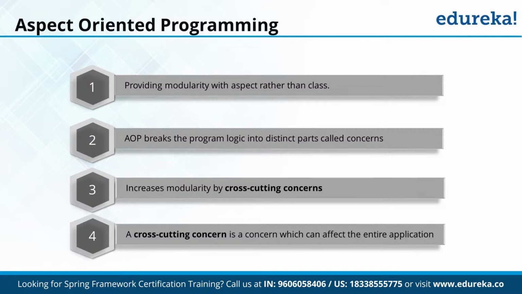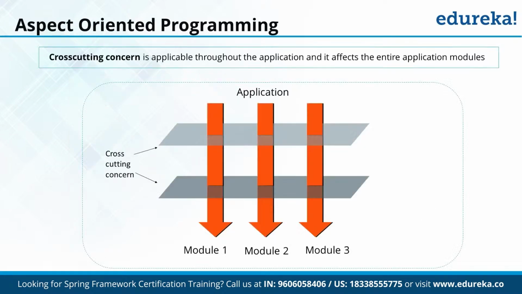It gives us a lot of other things, right? As number one, it provides modularity. AOP will break the program into distinct parts called concerns, which also increases the modularity. A cross-cutting concern is a concern which can affect the entire application, right? For example, security is one of the major cross-cutting concerns, so we must implement them in a proper and regular way. All right, so have a look, guys.